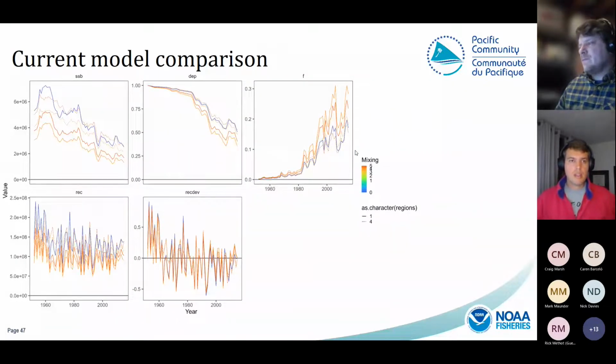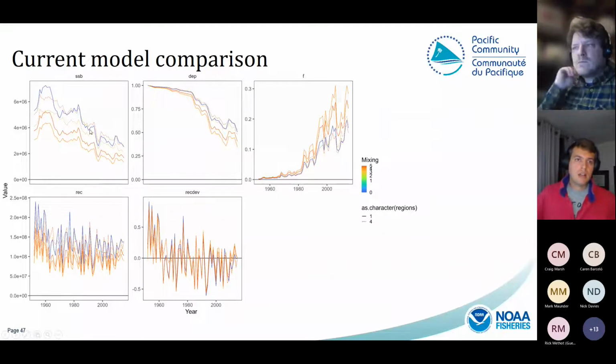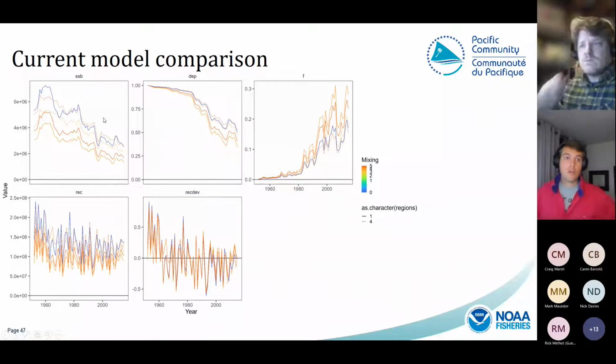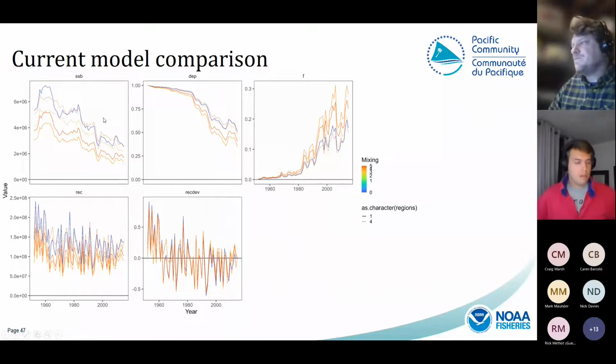In terms of comparing things between the 4-region model and the single region model, the single region models are the solid line, the mixing period is denoted by the color, and the 4-region model is denoted by the dotted lines. We didn't run a 4-region model without tags at this stage.